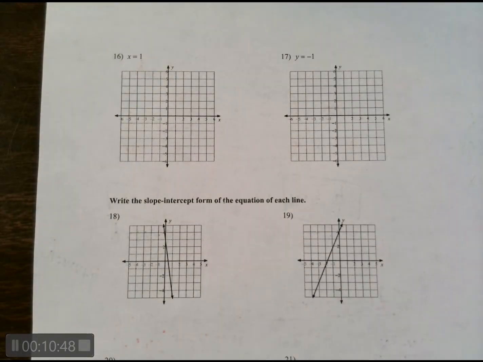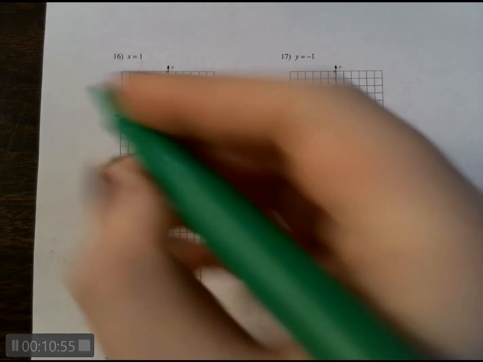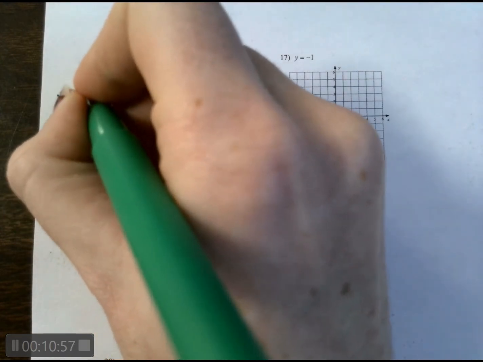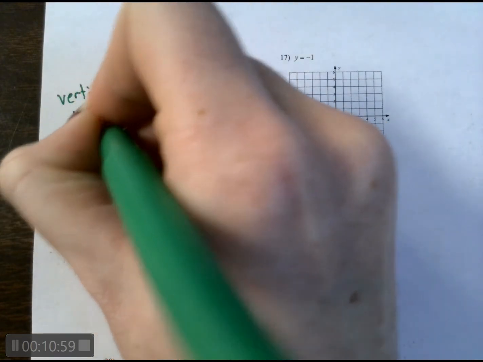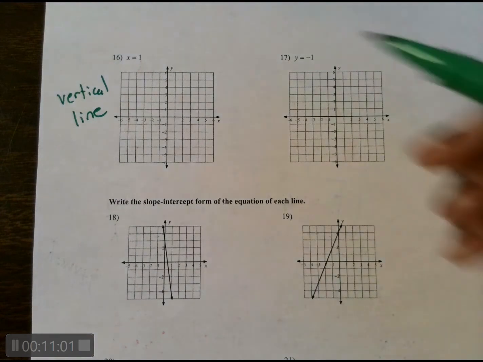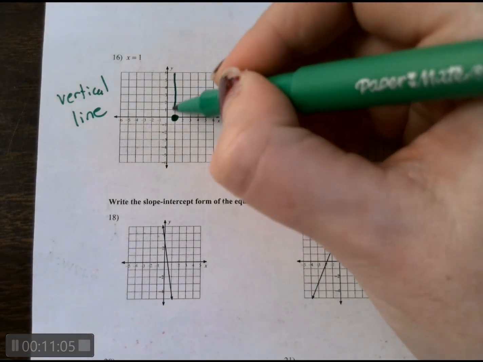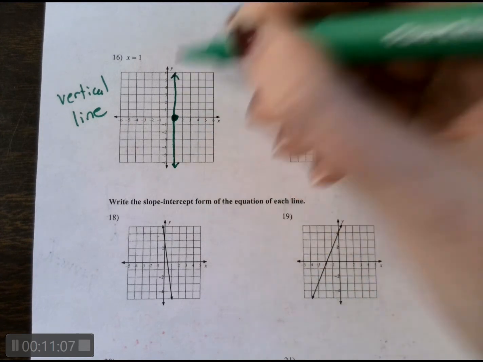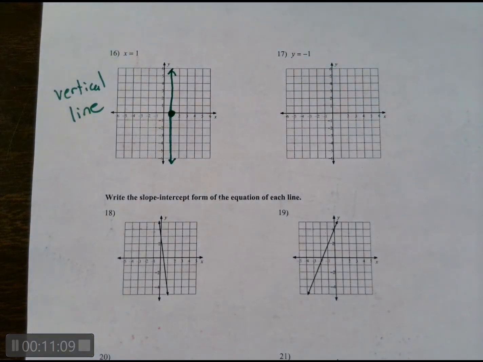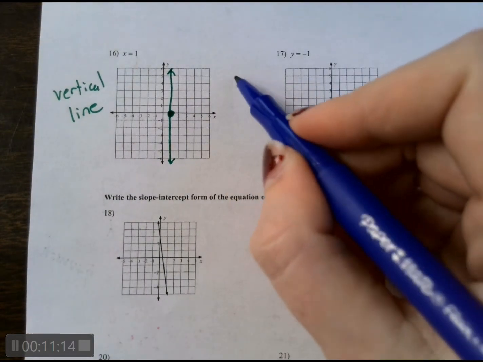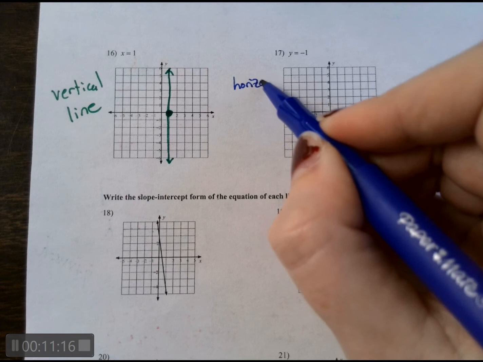Okay? And for our number 16, x equals 1. So remember, when we have x equals, it's going to be a vertical line. So we are going to go to x equals 1, which is right there, and then draw your vertical line with your arrows. Which means that if we have y equals -1, it's going to be a horizontal line.